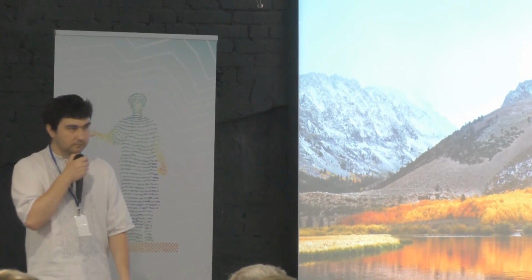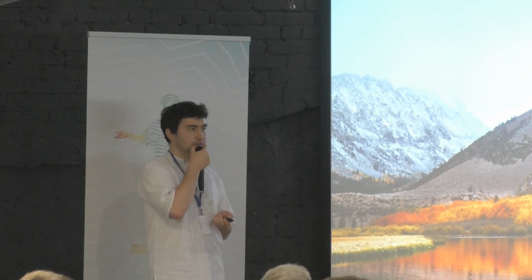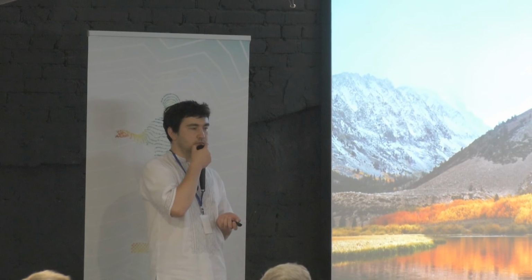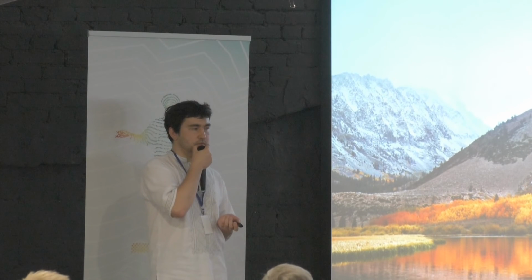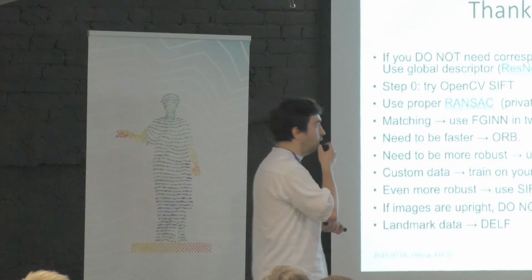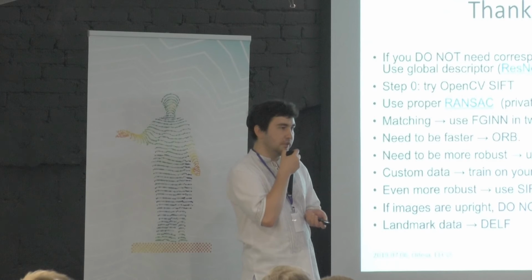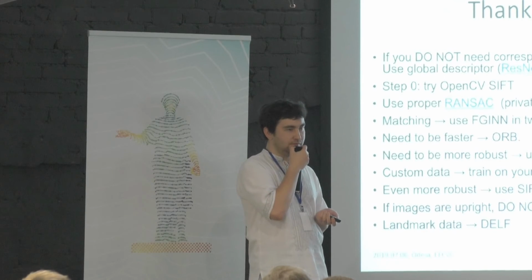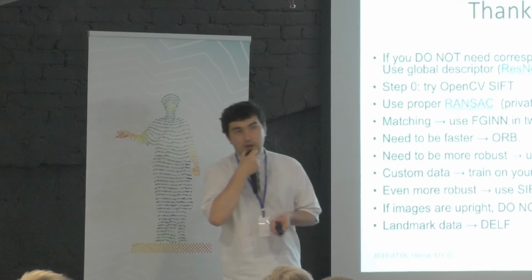Will it work on blurred images, because you trained without bad images in the dataset? Would it work on bad images? Is this the question? On blurred images? On blurred images? Okay.